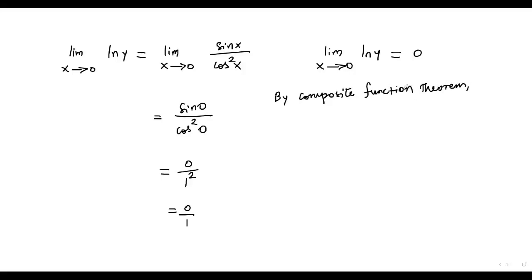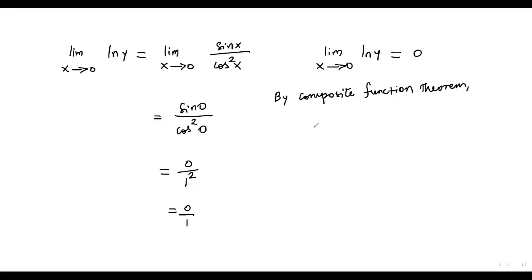Composite function theorem means that whenever we have a natural logarithm inside the limit, the natural logarithm can be moved out of the limit. So that's what is said by the composite function theorem. This natural logarithm that we have inside the limit can be moved out of the limit.